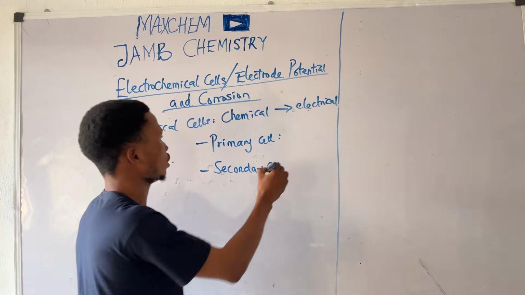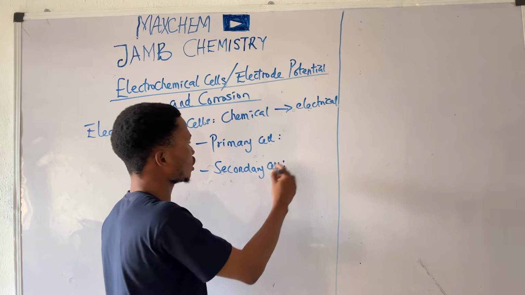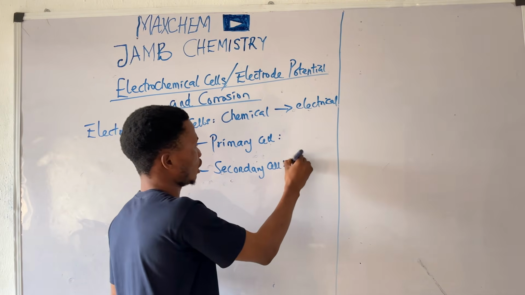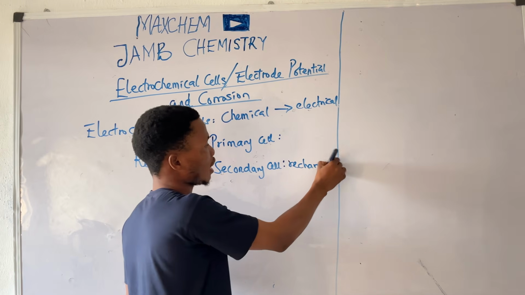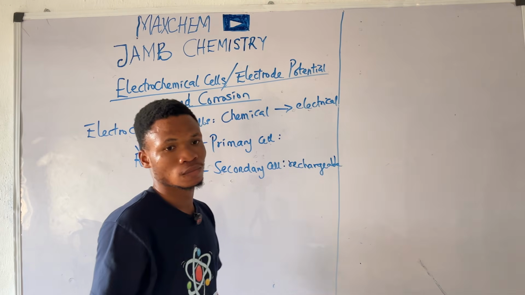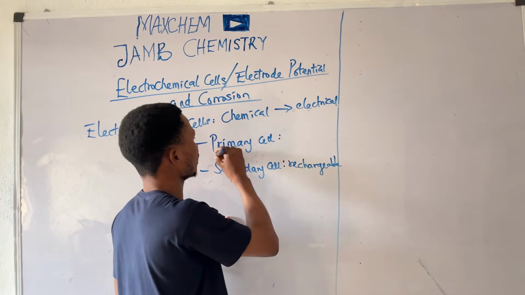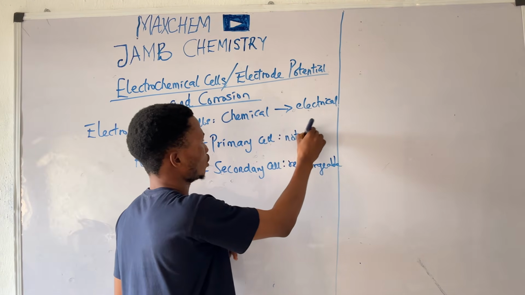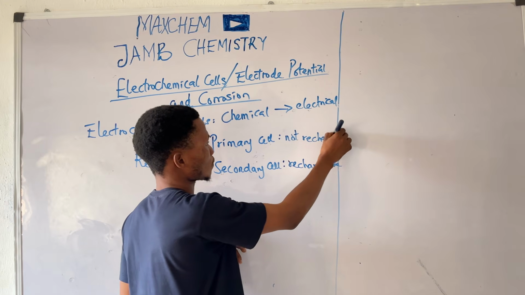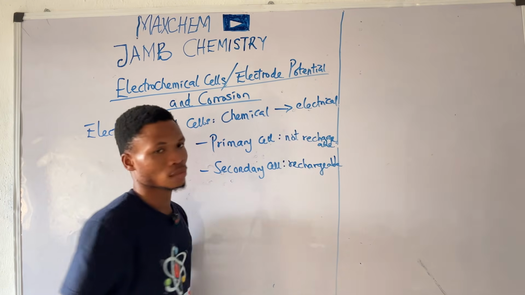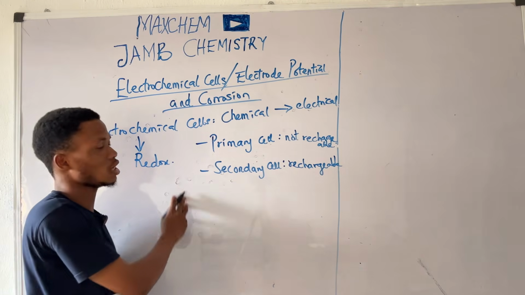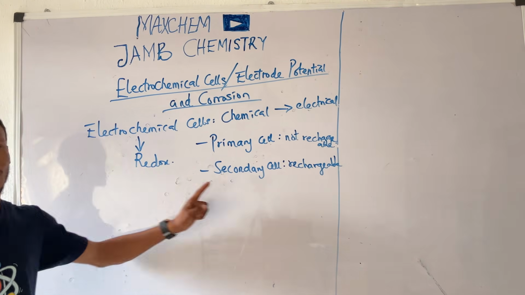The secondary cell can be recharged, so this is a rechargeable cell. After you have used it, then you charge it. Primary cells are not rechargeable. So that is a primary cell and secondary cell.